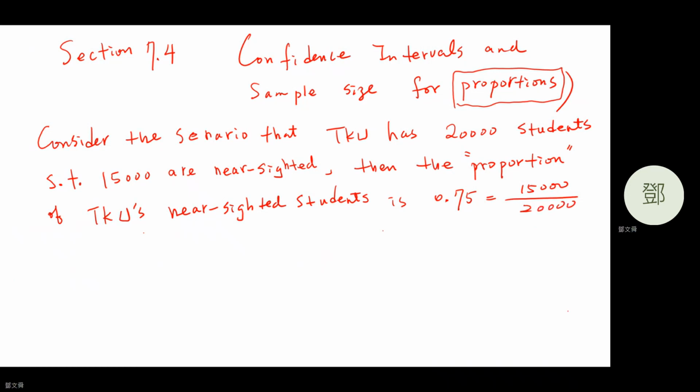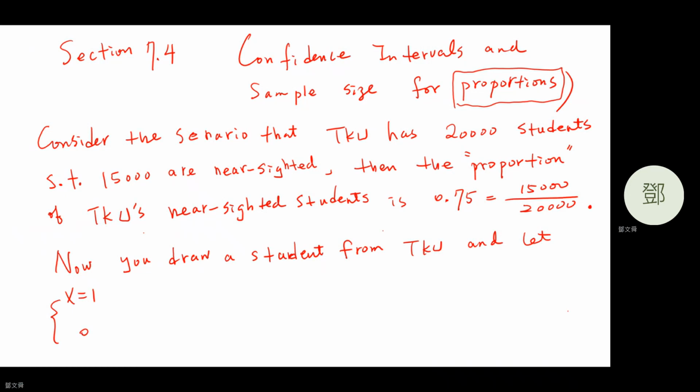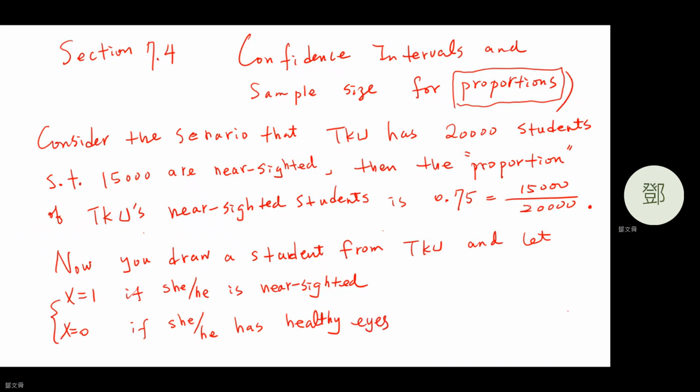Okay? That's the proportion. Now, you draw a student from Tamkang University and let x equal 1 if she or he is nearsighted, or equal 0 if she or he has healthy eyes. Okay?